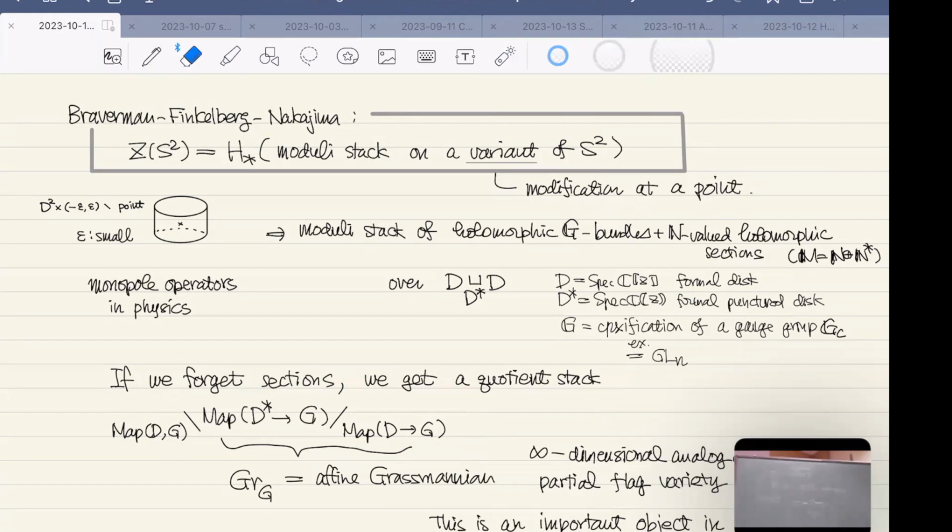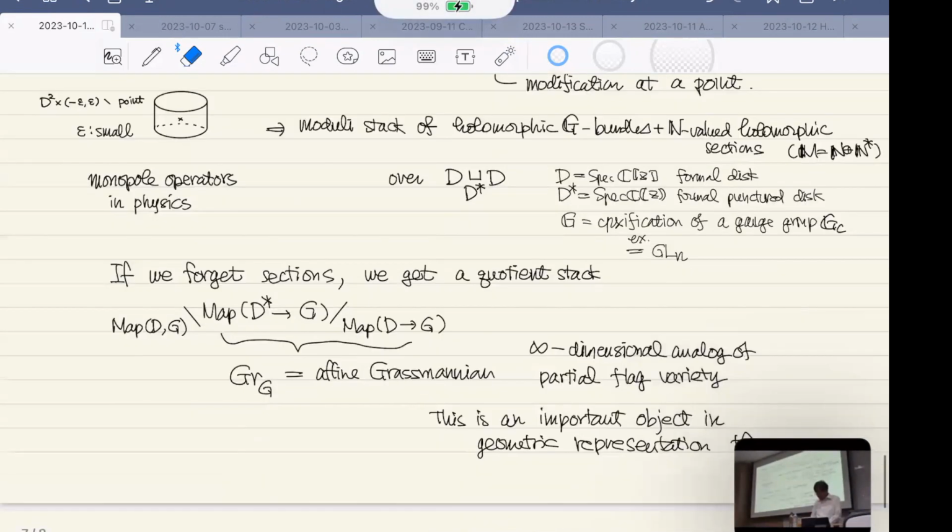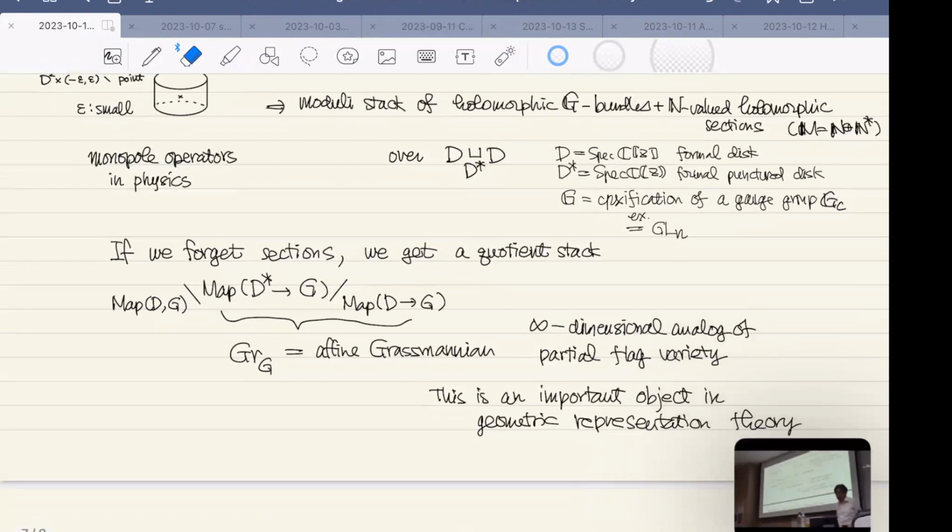Then I can consider everything up to gauge transformation, which means I take the quotient by the space of maps from this. This is the space of gauge transformations. Since I have an upper disk and a lower disk, I should divide by both. So this is the moduli space, and this space is called the affine Grassmannian if I remove the second quotient.